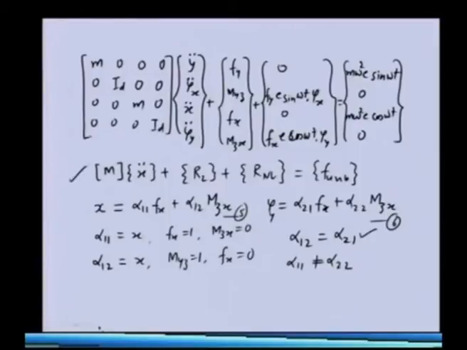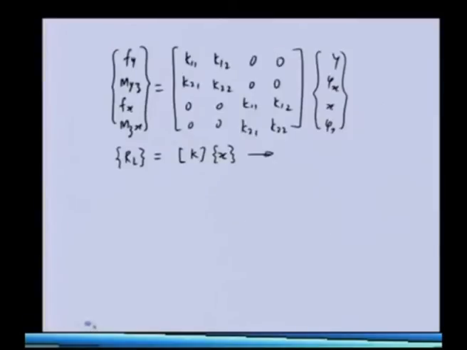In this equation of motion, we can replace this term, and we can write m x double dot plus k into x, and we still have the nonlinear term equal to the unbalanced force.